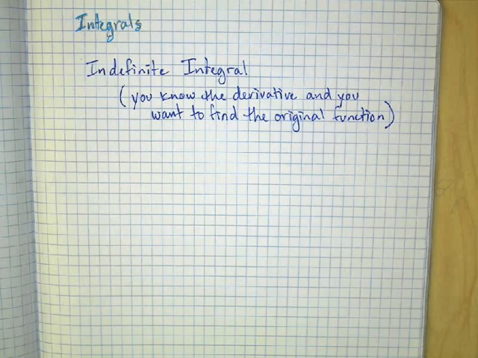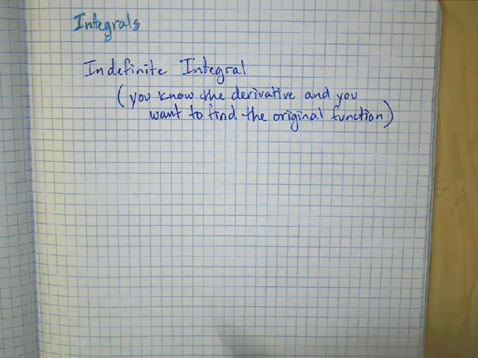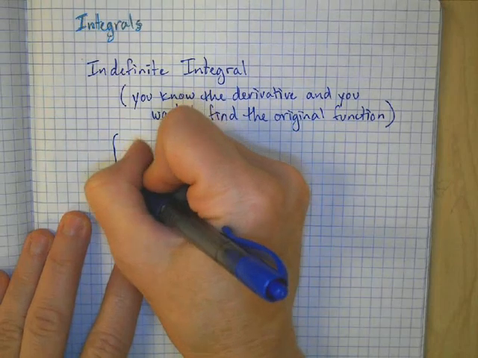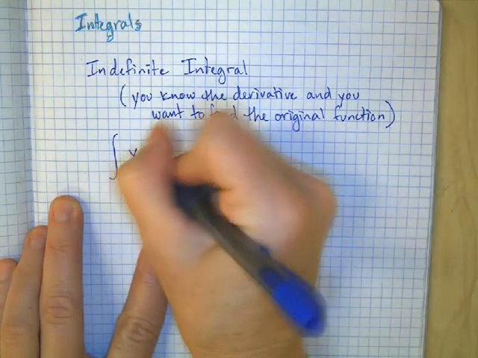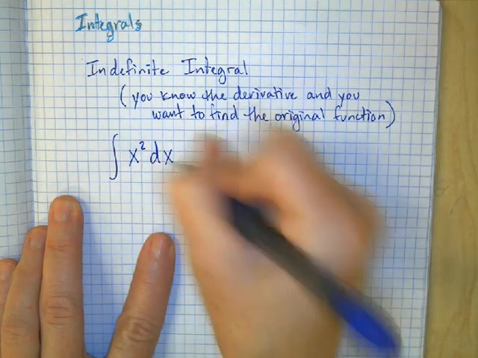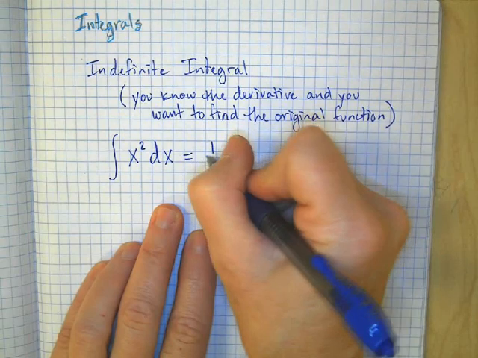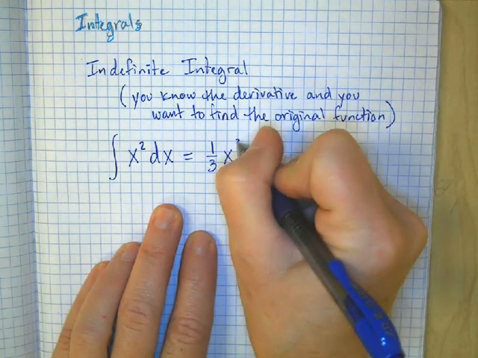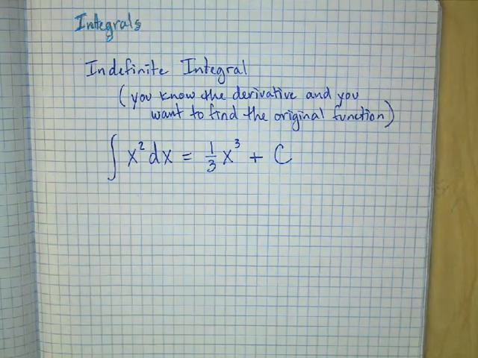The indefinite integral is what we were practicing last week. When you have your integration sign and you say x squared dx, for example, you would take the antiderivative of that. The antiderivative is 1/3 x cubed, and then you add a constant. This is the indefinite integral.